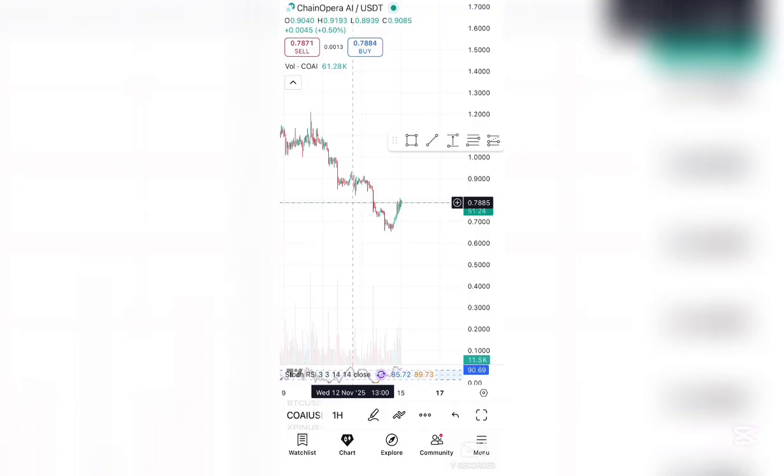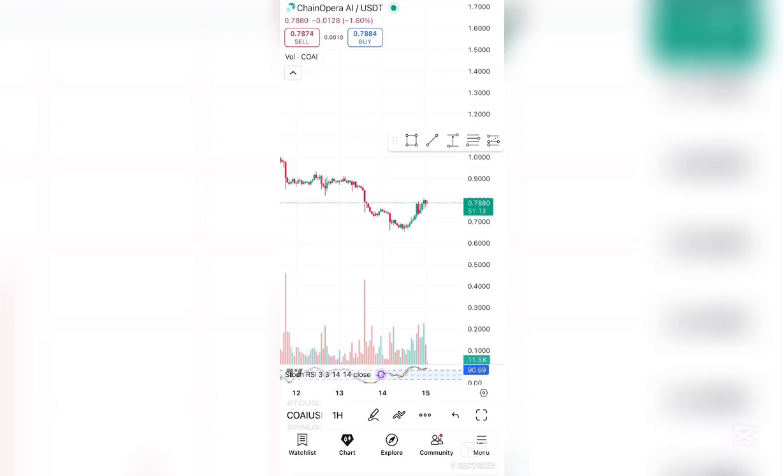So the time frame we see here is the 1 hour time frame. And 1 hour time frame means that every candle you see here stands for 1 hour. So that's it.